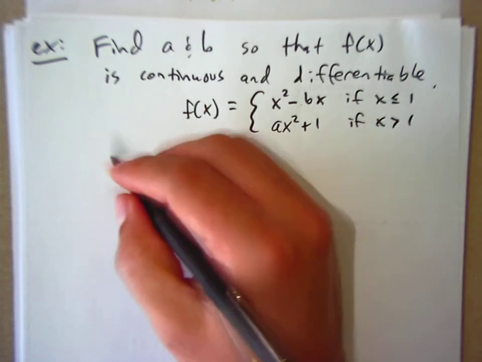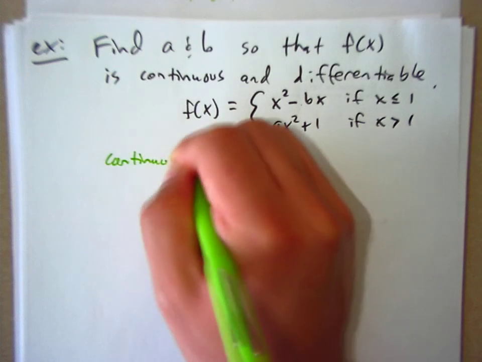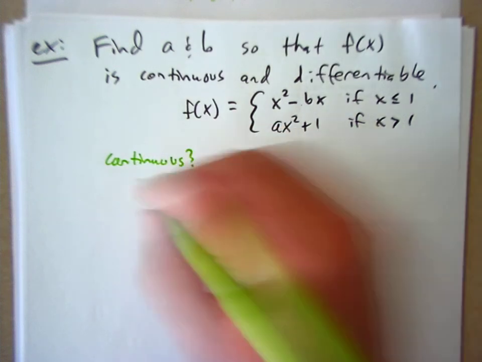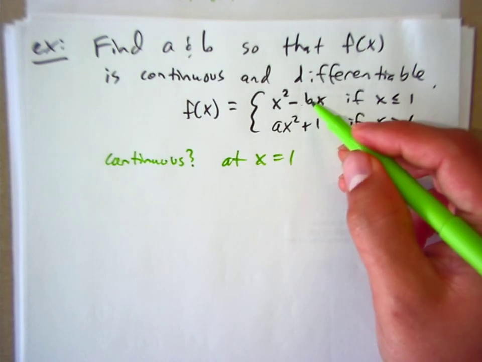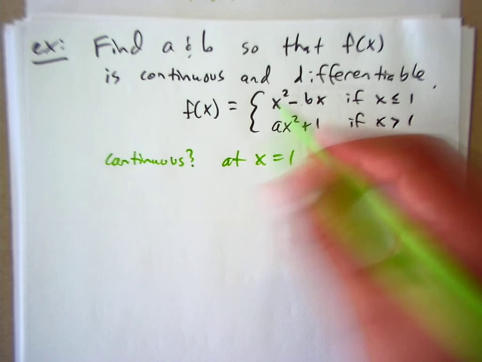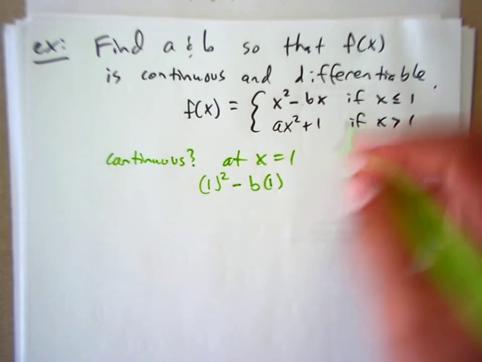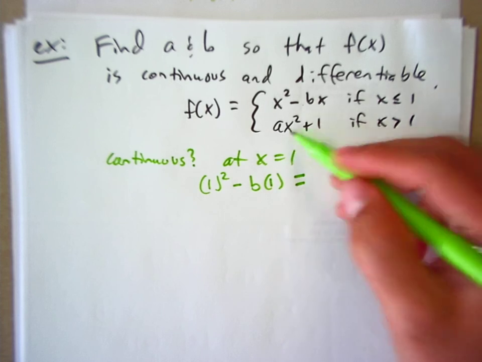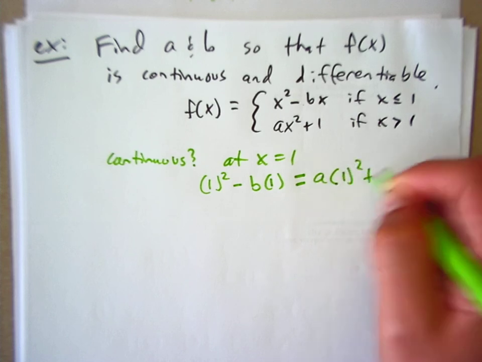So for continuity, we check at x equals 1, okay? We take the first one, we have 1 squared minus b times 1, and that has to equal, if I plug 1 into the second function, a times 1 squared plus 1.